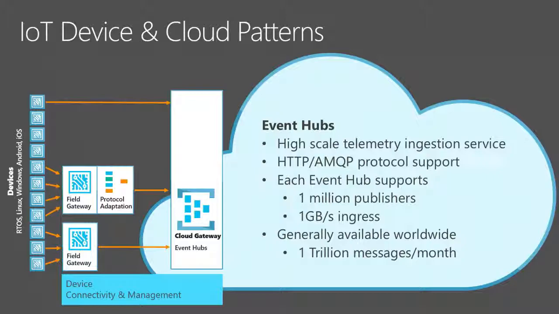Or the devices may need to talk to their own field gateway, and they'll have to have protocol adaptation, because the main protocols Event Hub ingests are HTTP and AMQP. So those are the protocols that we're most friendly with. Some of these may be old sensors, old devices, and they may not talk in that protocol. So you have a field gateway that does the conversion and helps adapt that protocol. And these are some of the basic overlays and patterns for device connectivity and management.